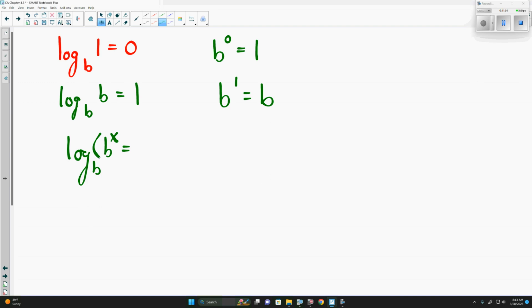I can put parentheses around it just to make it make a little more sense. So we have log base b of b to the x. Well, log base b of b is 1. Log base b of b to the x is going to be whatever that exponent is inside the log. But really what this is saying is our base to what it's equal to is equal to what's inside, which is going to be b to the x.